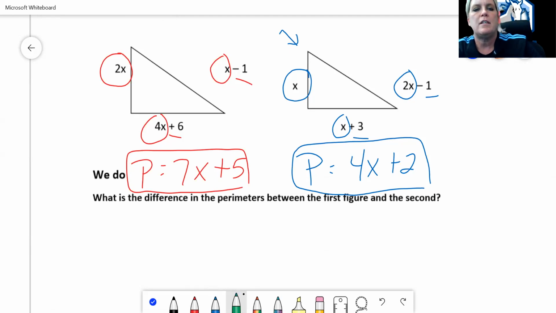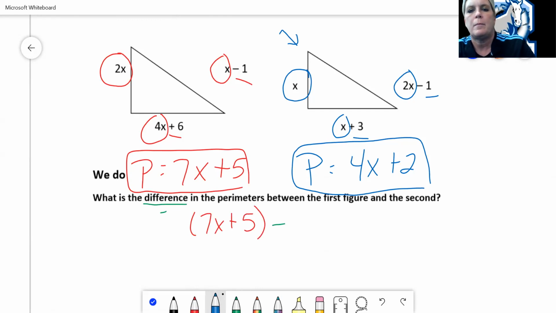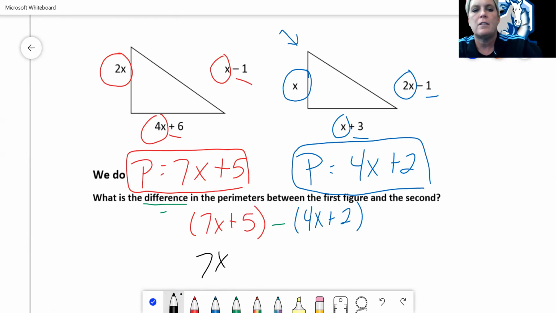Please remember that difference means to subtract. So we have 7x plus 5 minus 4x plus 2. What does that mean? I've got 7x plus 5. This is -1 times 4, minus 4x. -1 times 2 is -2.